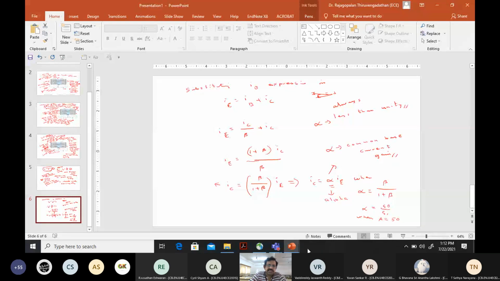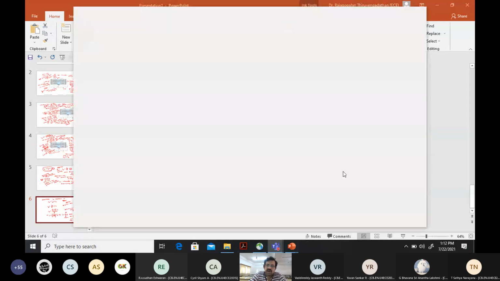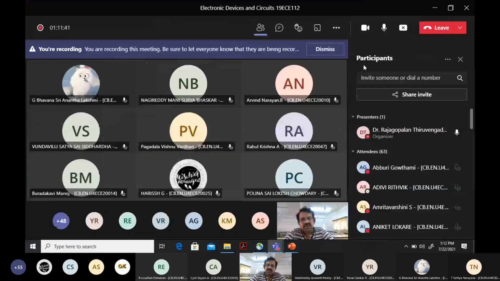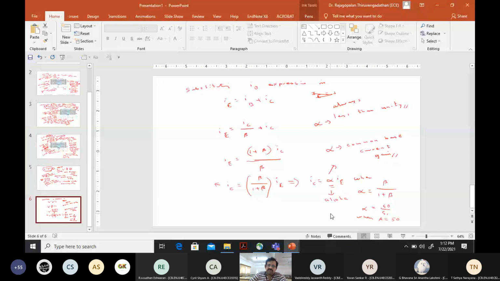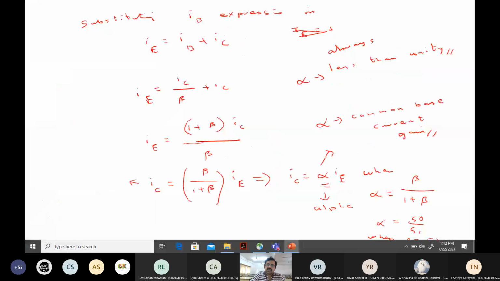Alpha is a very sensitive parameter. That's what you have to understand. Small variation in alpha is enough. Now, one thing that I will finally write here is what about alpha in terms of beta. So knowing you, I request you to write this expression before I leave in today's class. Alpha is actually beta by 1 plus beta.